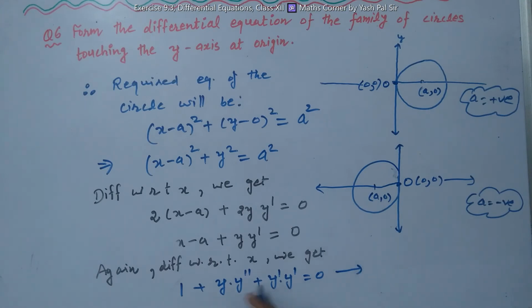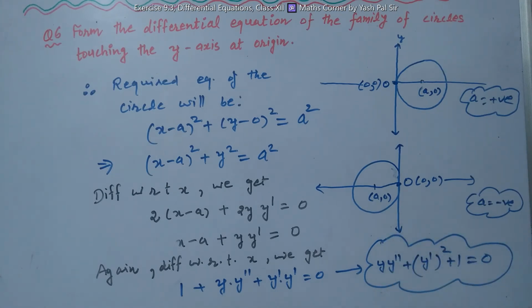So this way what we see, y into y double dash plus y dash whole square plus 1 is equal to 0 is the required differential equation, because here we cannot find any arbitrary constant.